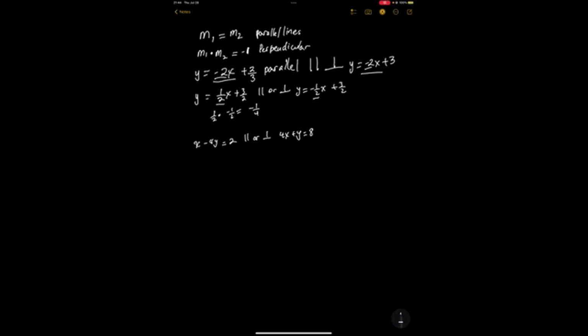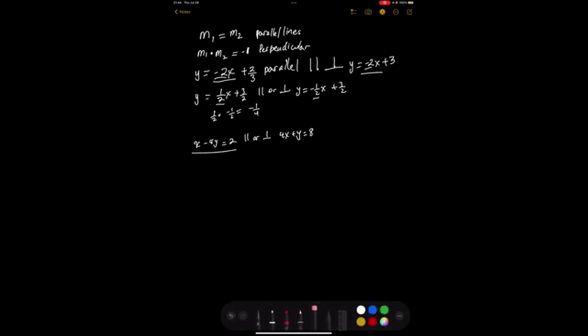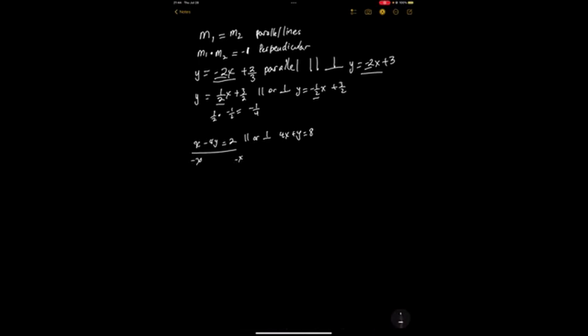Well, let's see. What do we have? Remember, every time you have an equation like this, you're looking for what y would equal. So in this case, we're going to subtract x on both sides, and here too we're going to subtract.